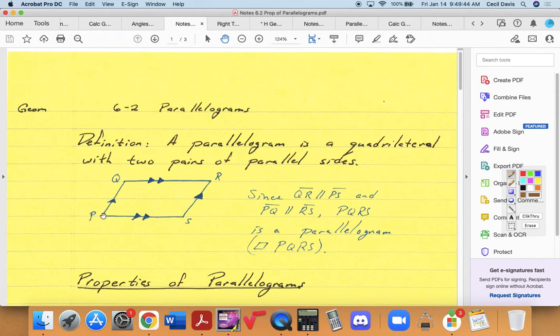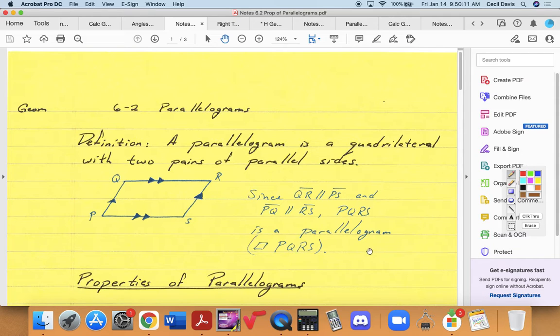So in this diagram, since the top and the bottom are parallel and the left and the right sides are parallel, this is a parallelogram. And notice this little symbol that looks like a parallelogram. It's the symbol for parallelogram. Who'da thunk it? You'll see that used all the time. It's especially nice because parallelogram's a long word.